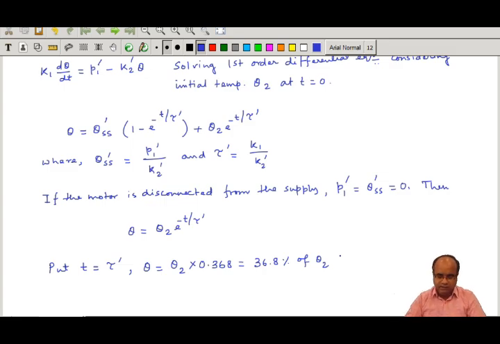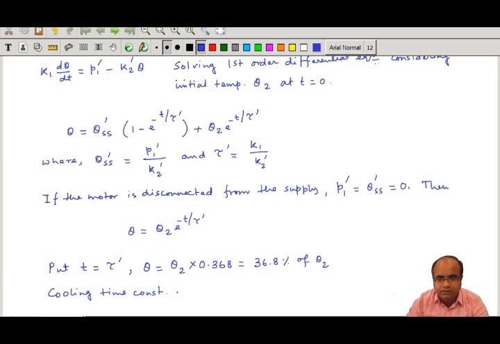That is, the cooling time constant will be defined as when the motor is cooled up to 36.8% of its initial temperature rise.